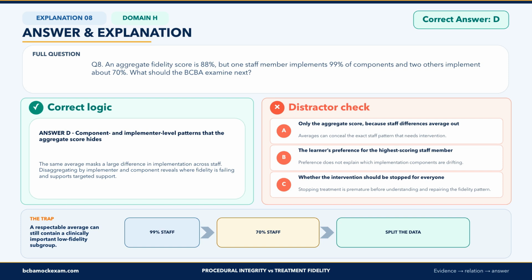A. Averages can conceal the exact staff pattern that needs intervention. B. Preference does not explain which implementation components are drifting. C. Stopping treatment is premature before understanding and repairing the fidelity pattern. Disaggregate fidelity data when an aggregate score hides meaningful implementer or component differences.